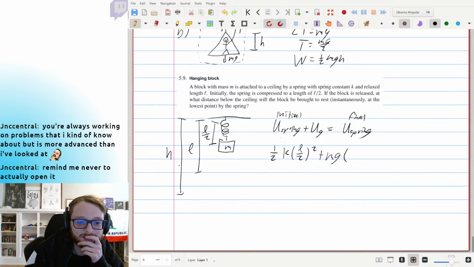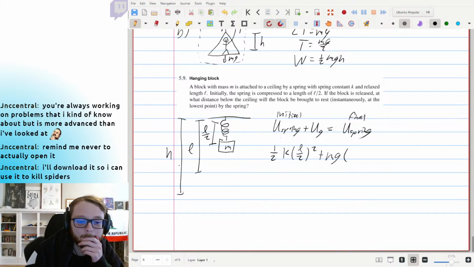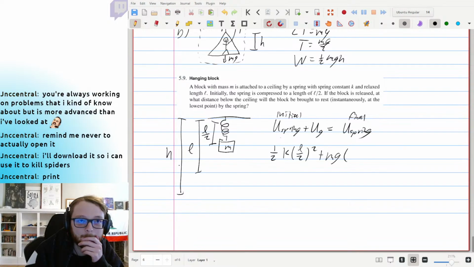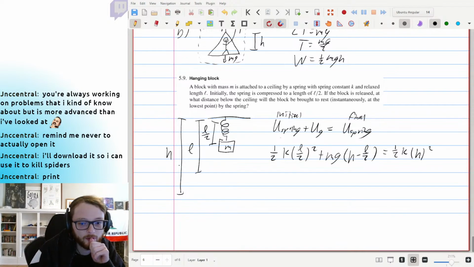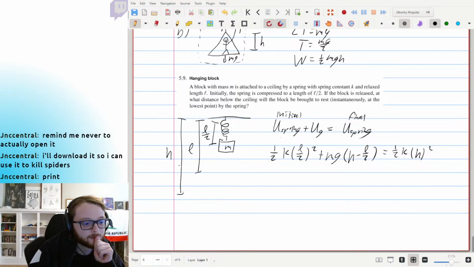Plus mg (h minus L/2). One half k h squared. I don't think this is going to be any simpler.